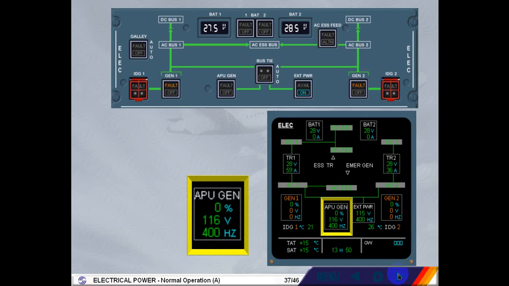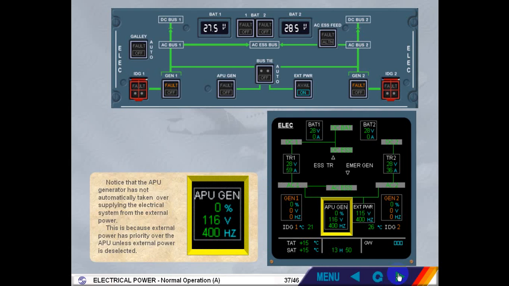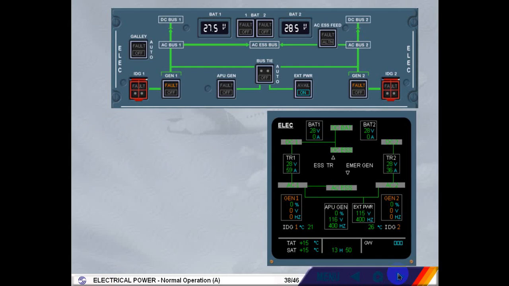This is because external power has priority over the APU unless external power is deselected. To select the APU generator, deselect external power.